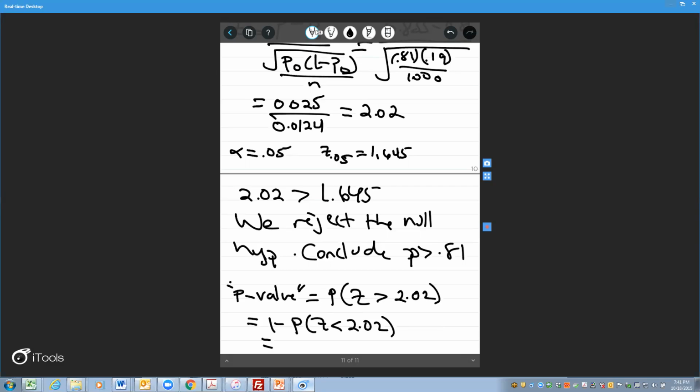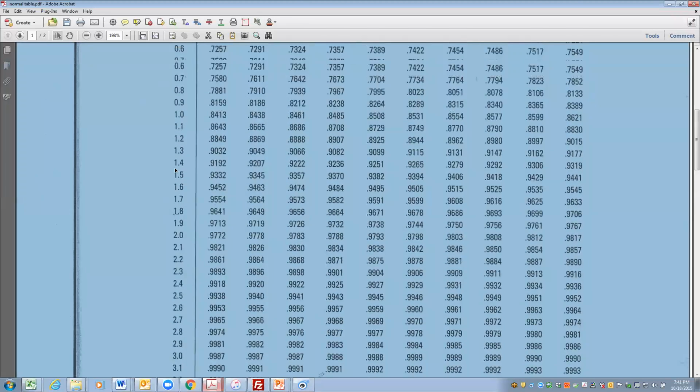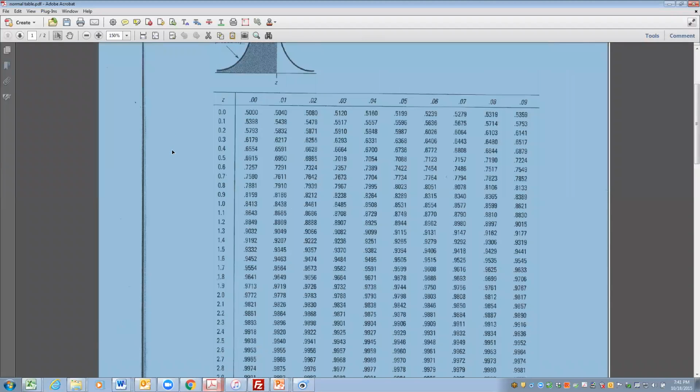So I can go to my normal table and look up 2.02, and I see that's 0.9783.